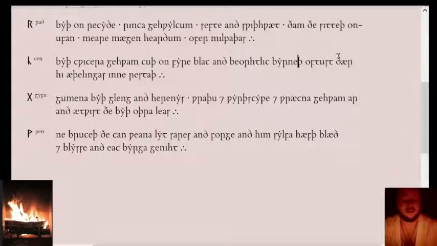Beorneth oftost, thar hie aethelingas inne restath. It burns oftest, that's basically oftest, most often or always. Thar means where, wherever. Hie is they. Aethelingas means sort of princes or nobles.